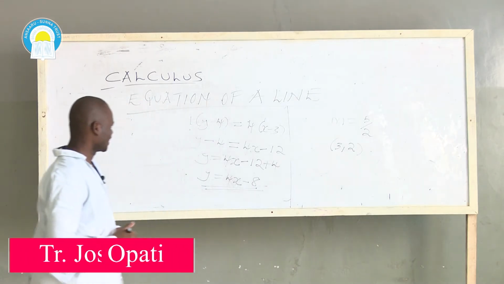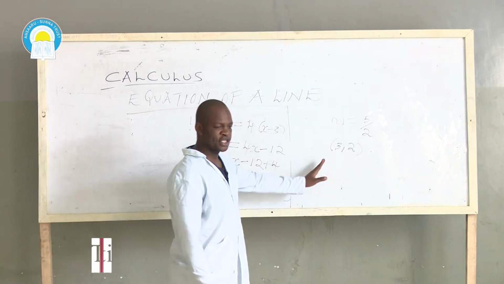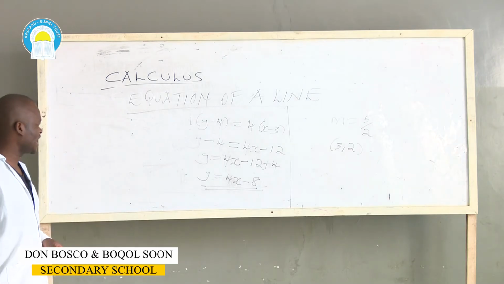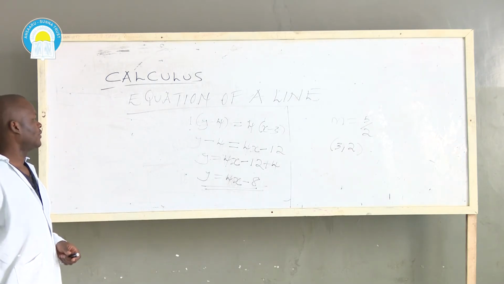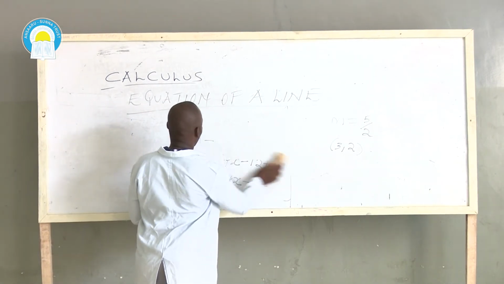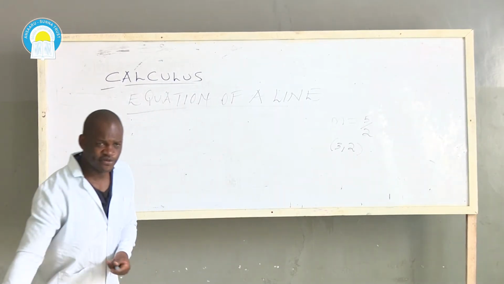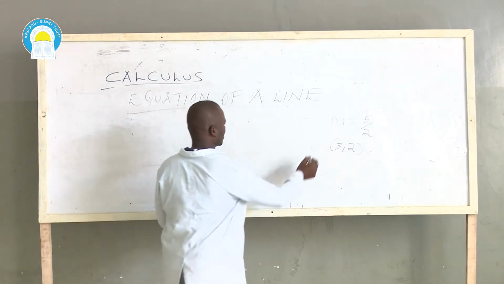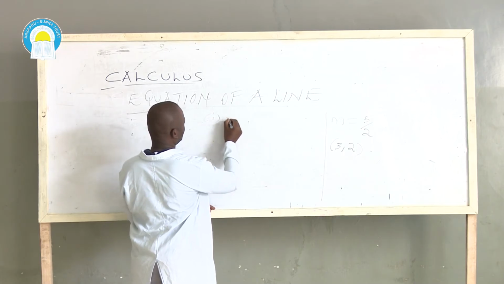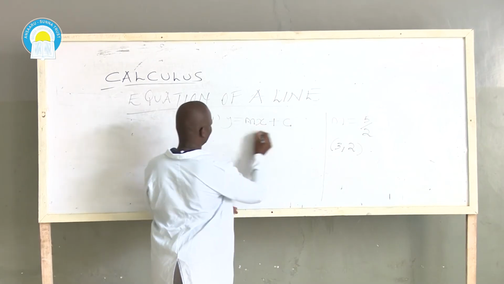So given the gradient of 5/2 and a point 3, 2, how can you find the equation of the line in different forms? We discussed the first form, which is the general form, y is equal to mx plus c. Then we shall proceed to the other forms. My focus at the moment is in the form y is equal to mx plus c.